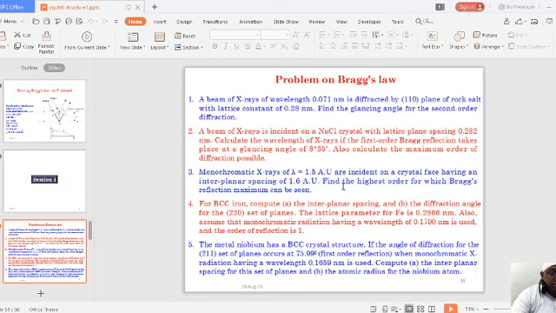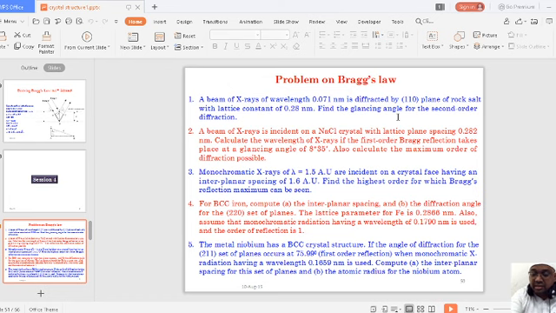Now you will find that there are different problems with respect to n lambda is equal to 2D sin theta. We say that these glancing angles are the angles with respect to atomic planes, right? If the order is 1, then they are talking about the first atomic plane. If the order is 2, then see here it is written: a beam of X-rays of wavelength 0.07 nanometer is diffracted by the 110 plane of a rock salt with lattice constant small a given as 0.28 nanometer.